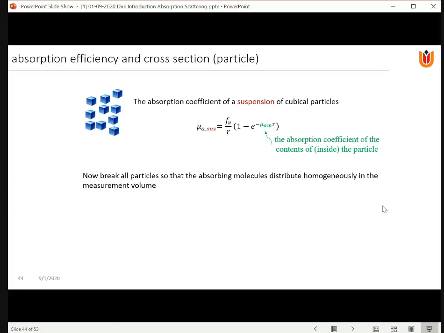So if you think in terms of red blood cells containing hemoglobin, I could add some chemical which makes the cells burst, and then all the hemoglobin molecules would all of a sudden be homogeneously distributed in the volume. So what is now the absorption coefficient of this new sample, this new solution? What is now the absorption coefficient measured from the solution in terms of the absorption coefficient of what was originally in the particle?